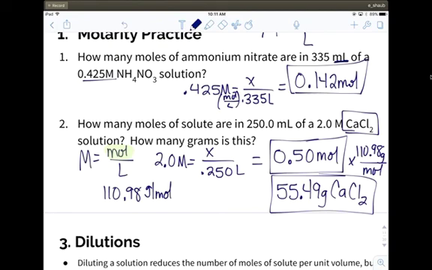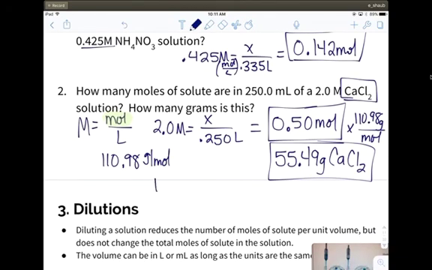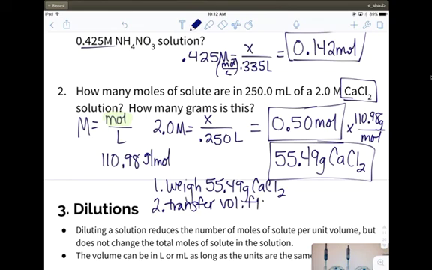So if I asked you to actually make that solution, what it would look like in the lab is you would first, so if I asked you for the steps, you would first weigh out or measure 55.49 grams of calcium chloride. Then what you would do is you would transfer that to the volumetric flask, and I'll go back to that picture here in just a second.